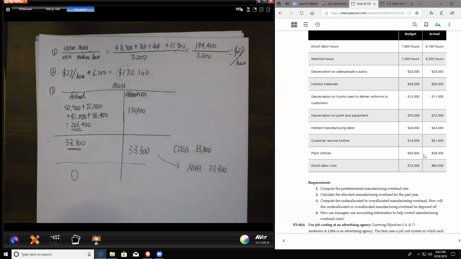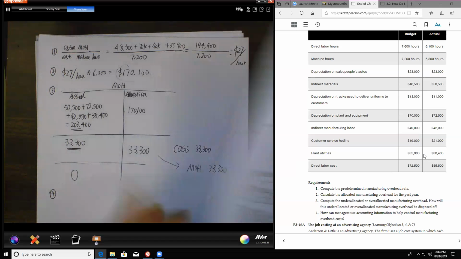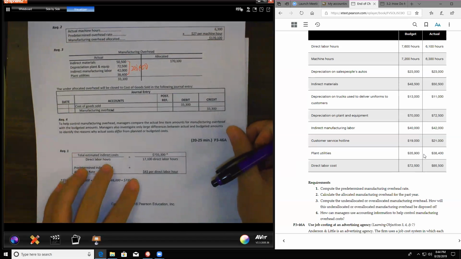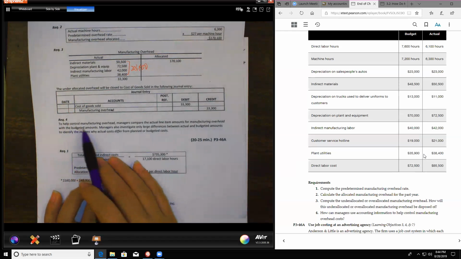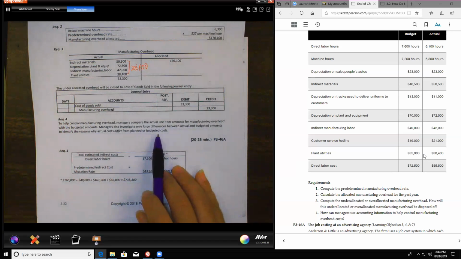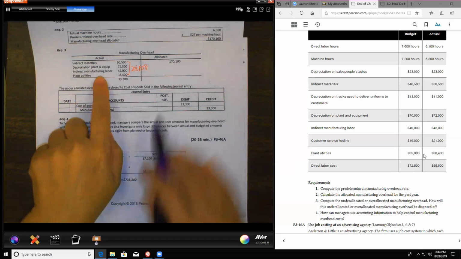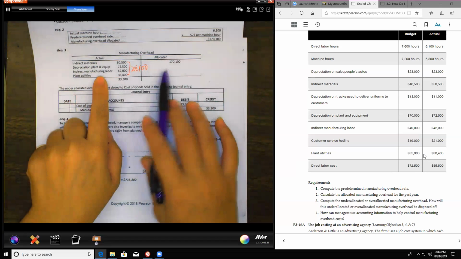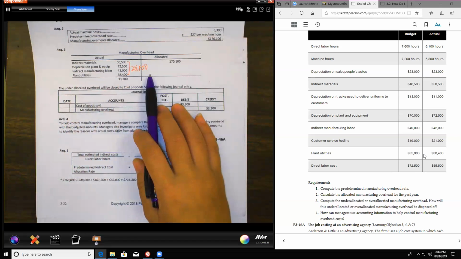The fourth one asks how managers can use this to control overhead. I apologize, I'll just show you the answer directly. It helps us to check your actual against your allocated, right? If there is a big difference, maybe there is something wrong.